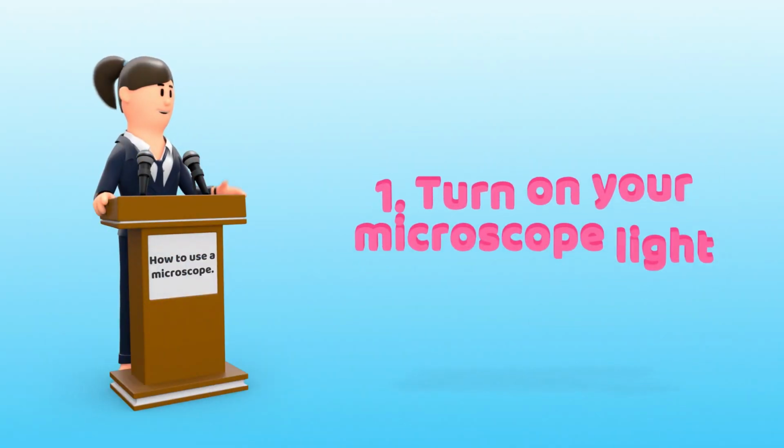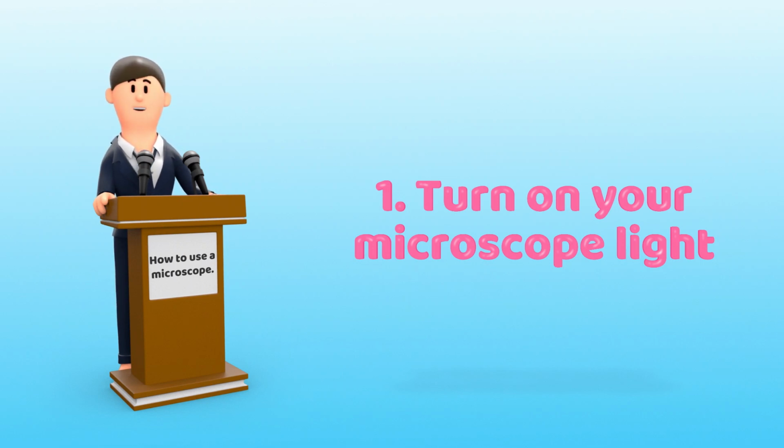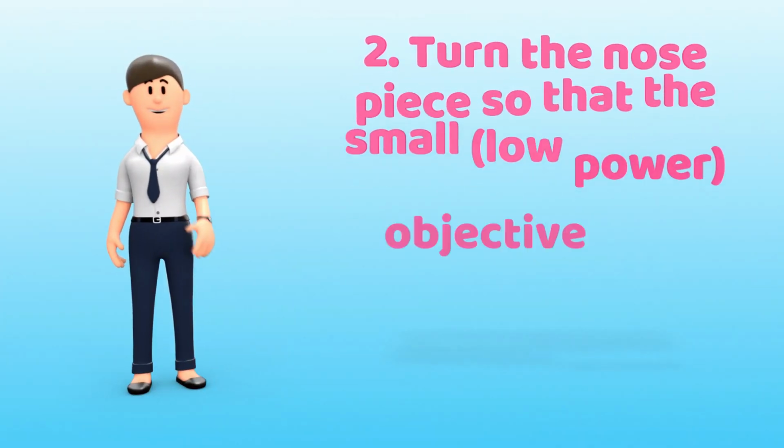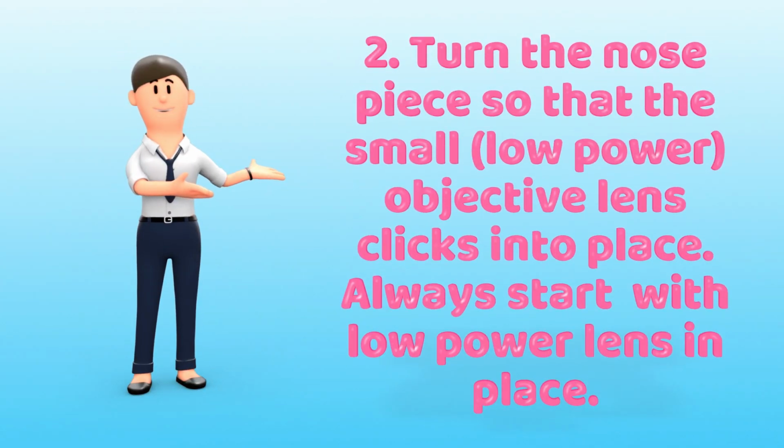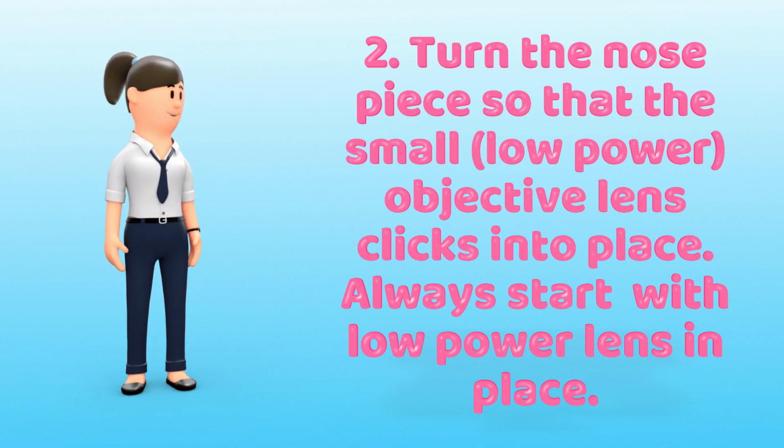Clearly, now let's see how to use a microscope. When we want to use a microscope, there are steps which you should follow. Number 1, turn on your microscope light. Number 2, turn the nosepiece so that the small or low power objective lens clicks into place.